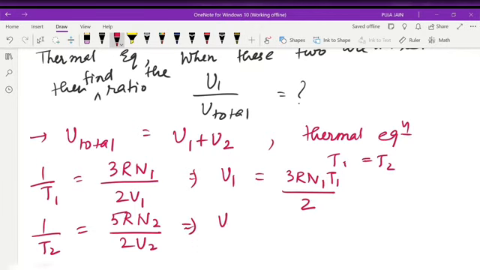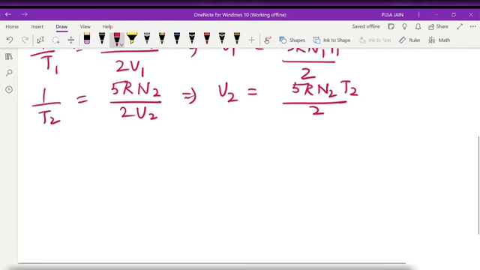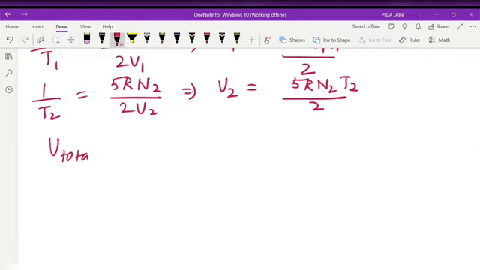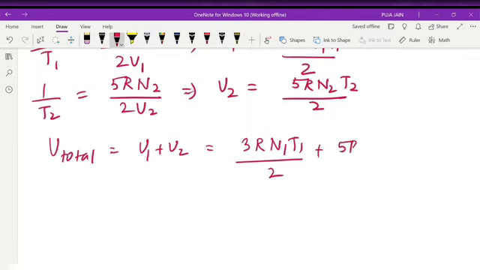That implies U2 is equal to 5R N2 T2 by 2. So U total, U1 plus U2, is equal to 3R N1 T1 by 2 plus 5R N2 T2 by 2.